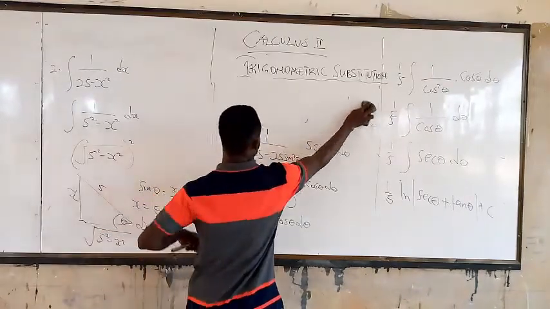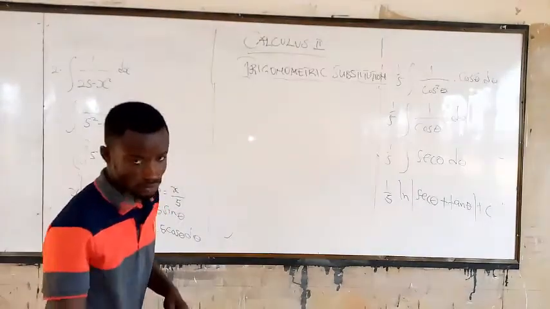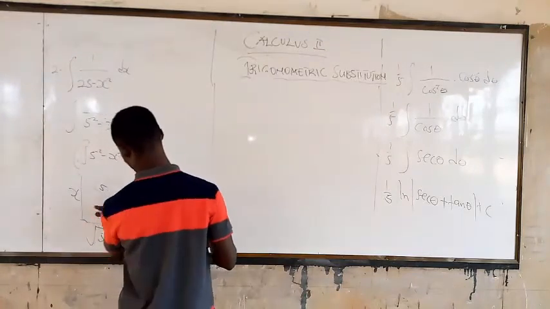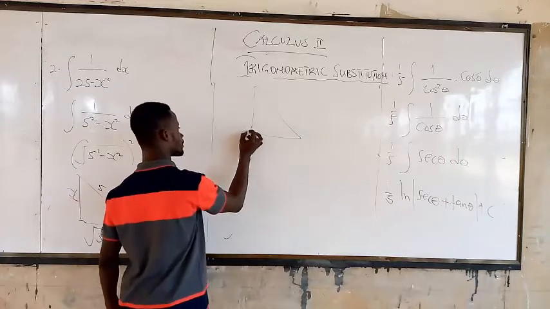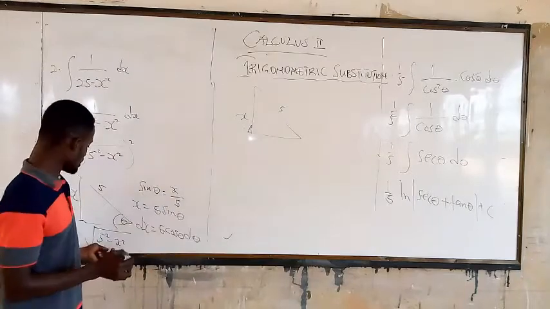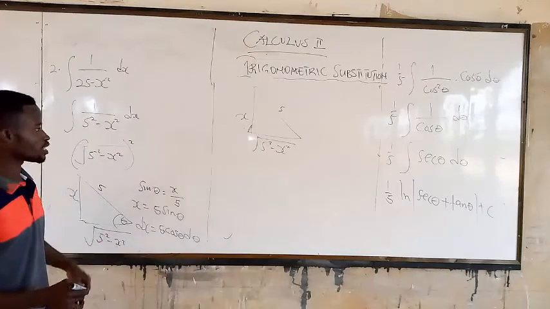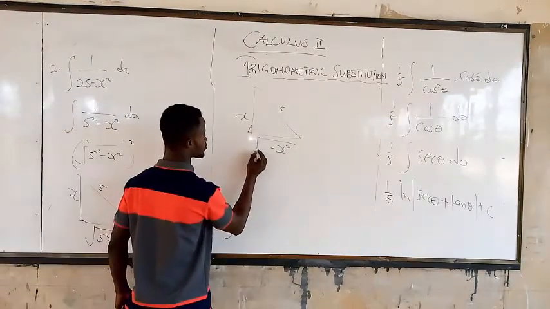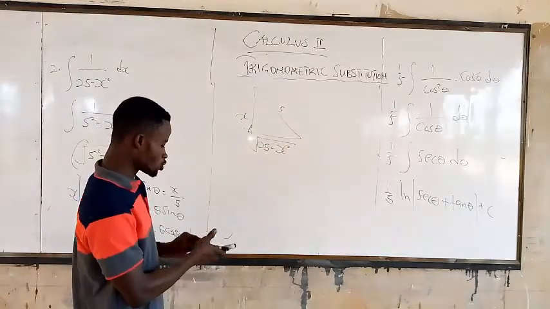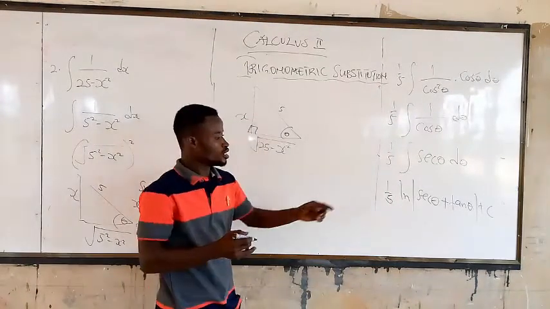Okay? So we are going to do something, and what we are going to do is just simple. We know from here, x, and here is the square root of 5 squared minus x squared, and there is 5. So now we are going to use this Pythagorean identity to know sec theta.